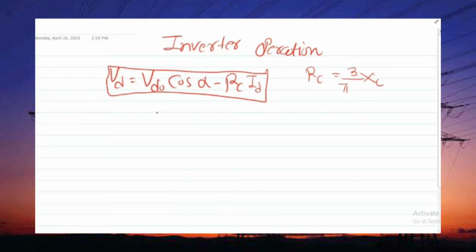We also derived an expression considering the delta angle. What is delta? Delta is equal to alpha plus mu.